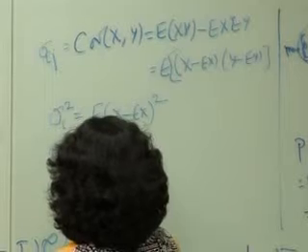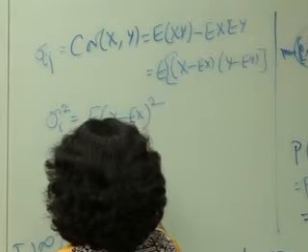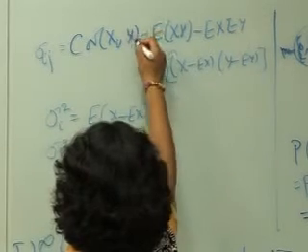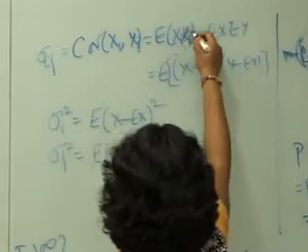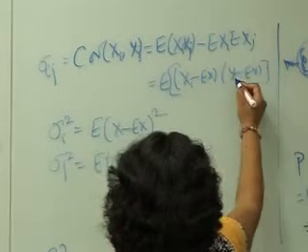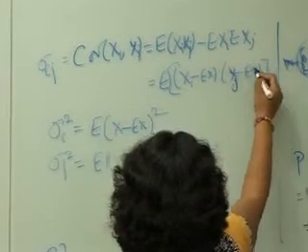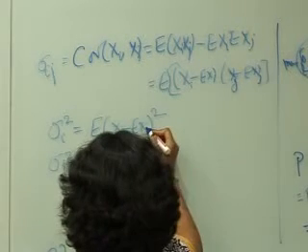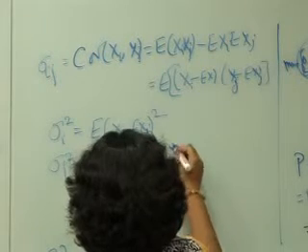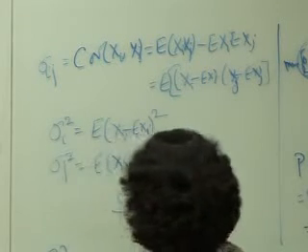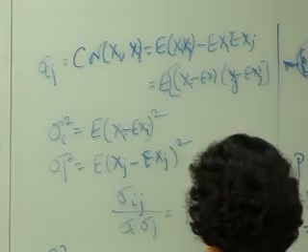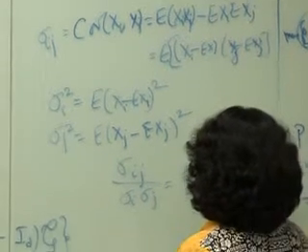This is sigma j squared. Not XY but Xi Xj. Now if you look at sigma ij over sigma I sigma j, that is denoted by rho ij, that is the correlation between Xi and Xj.